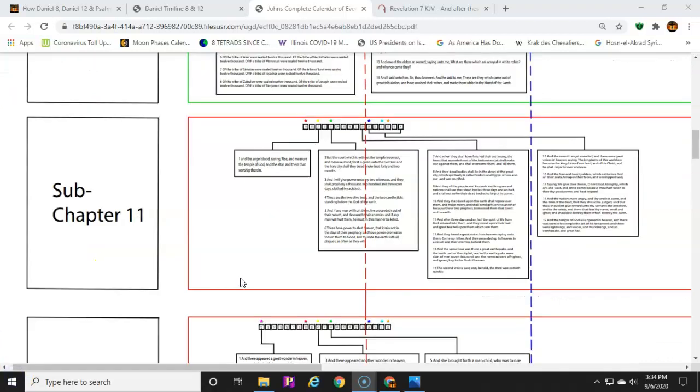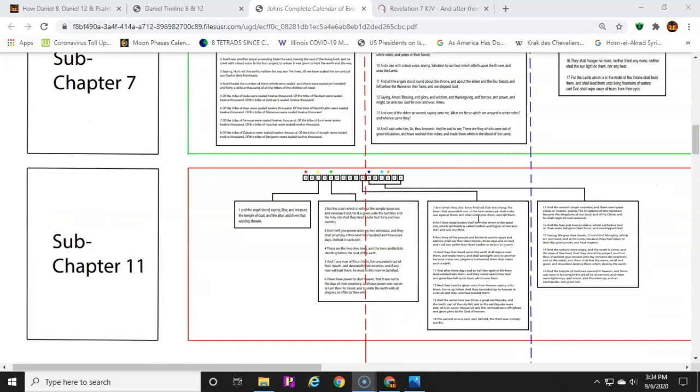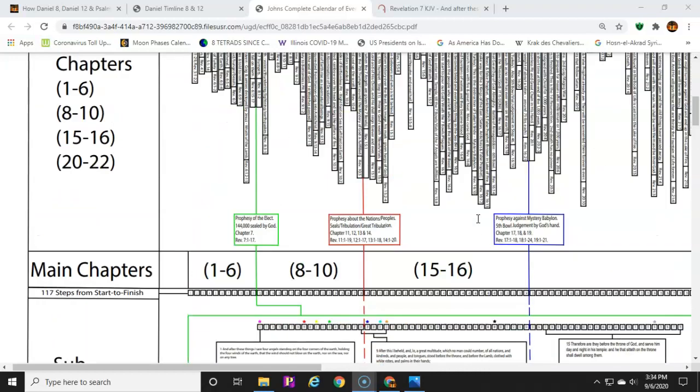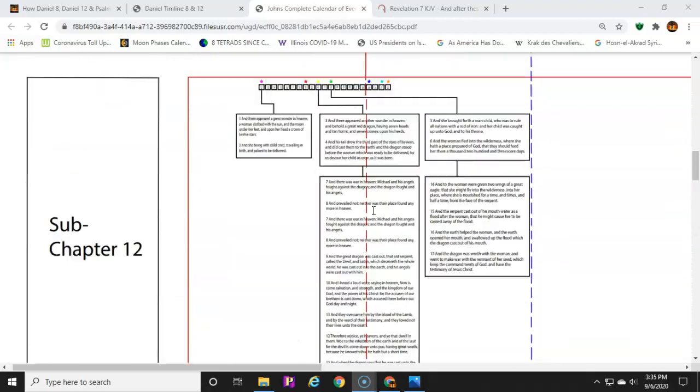And this is why chapter 11 is cut out, and it stands on its own. All four chapters of the nations and people, the vision that John sees about chapters 11, 12, 13, and 14, all stand on their own.